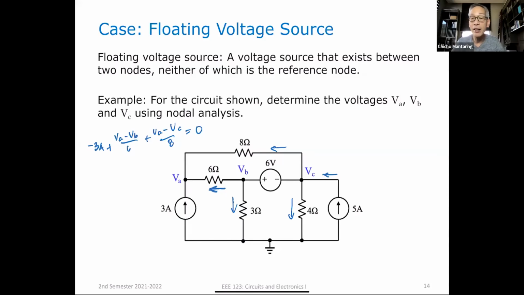The currents entering must equal the currents leaving, or the algebraic sum of the currents flowing out of the supernode is equal to 0. And I can form a supernode over two or more nodes, no?